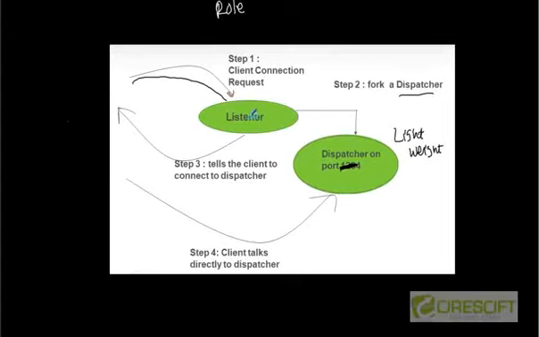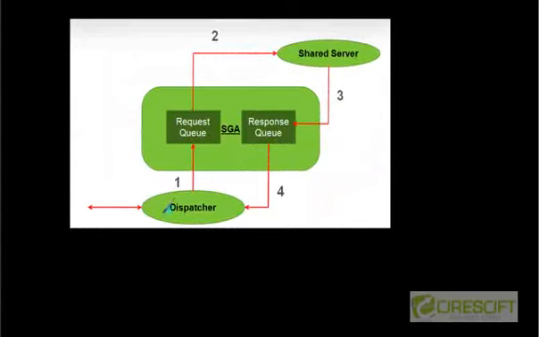So the listener is going to create a dispatcher process, and then the listener is going to tell the client to go and connect to the dispatcher process. In step 4, finally, the client is going to talk directly to the dispatcher process. Then in shared server mode, let's say I have client 1 and client 1 has a dispatcher.